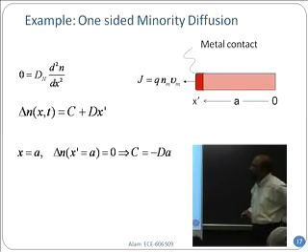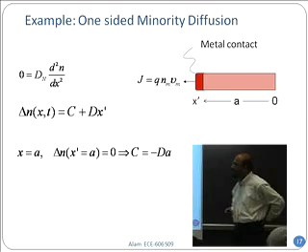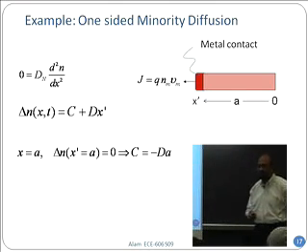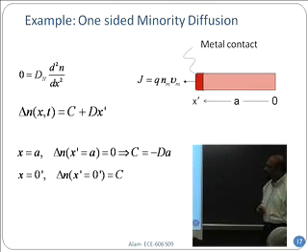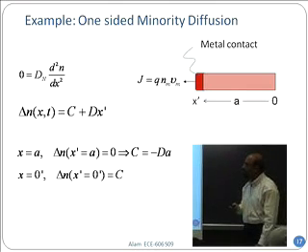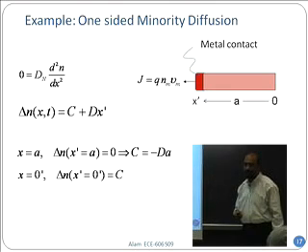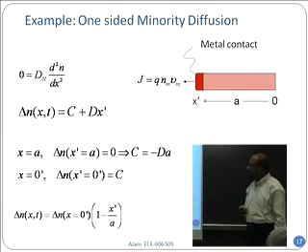So if I have that equal to 0, I can put it in and relate C with D. I just put x prime equals A. So that's one. And at x equals 0, delta n will be equal to C, right? Because I put x prime equals 0, so then I get this.